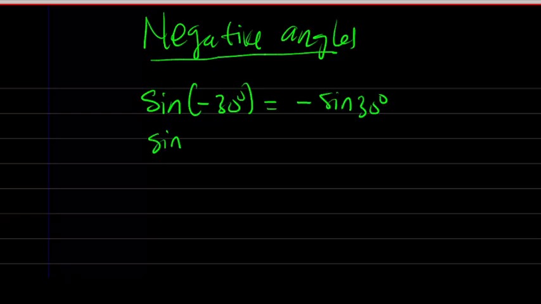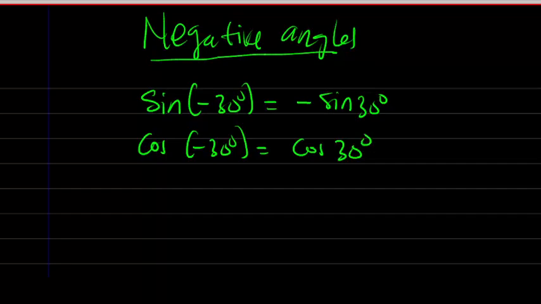Let's say you are given cos as well. Cos minus 30 degrees is cos 30 degrees, and if you check the previous video, I've explained this.